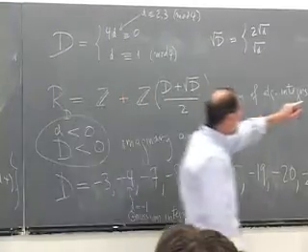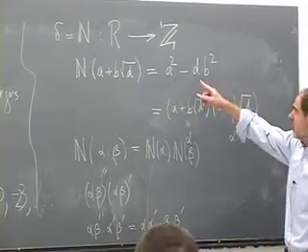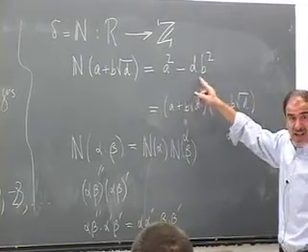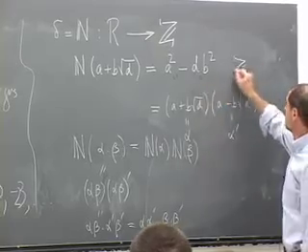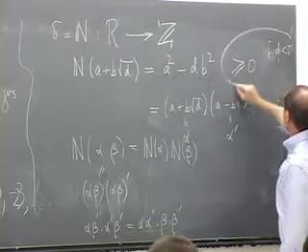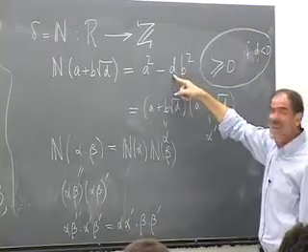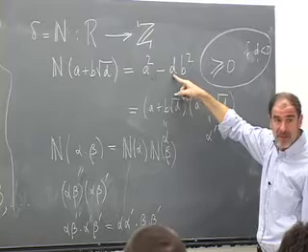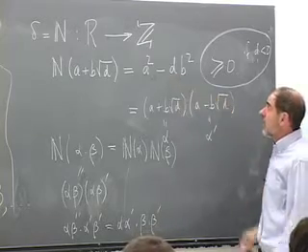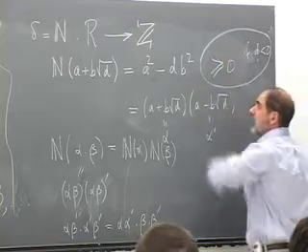If you look at the norms, this is an integer, but when we're in the imaginary quadratic case, it's a non-negative integer, because this is a square, this is a square, and we have a minus d here, so we're taking the sum of positive numbers. So this is really what makes the imaginary quadratic case so much easier.